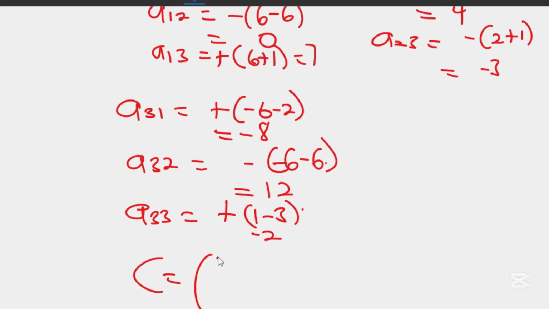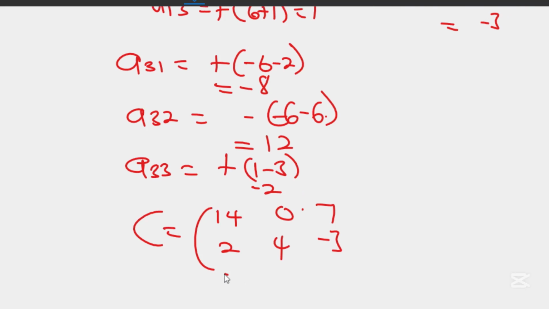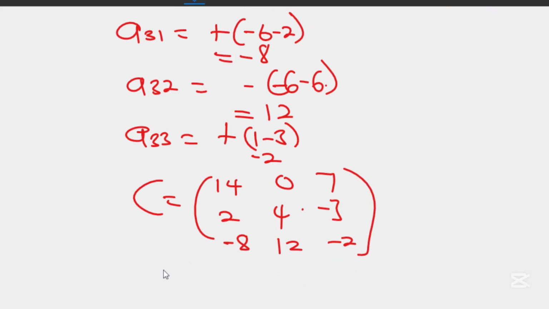So we will have our A11 is 14, followed by 0, 7, 2, 4, negative 3, negative 8, 12, negative 2. So these are our cofactors. Now let's find our transpose.